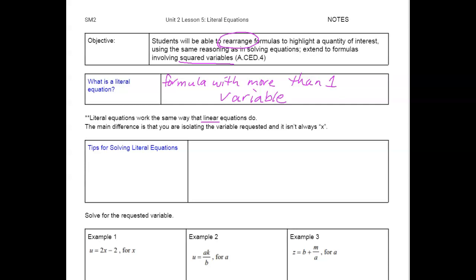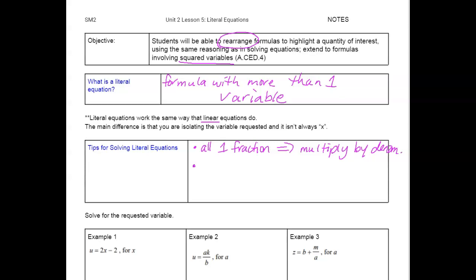So a few tips to get your requested variable alone: if you have all one fraction on one side, then what I would do is multiply by the denominator to get rid of the fraction, okay?